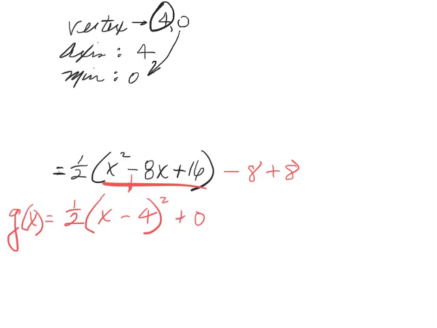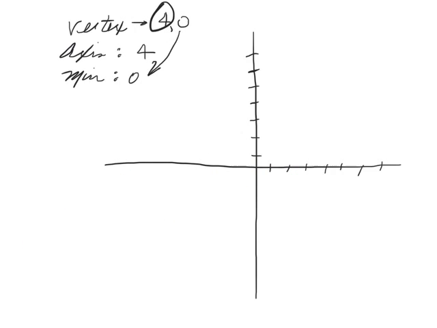So let's go ahead and do that. We said that the vertex is at 4, 0, so that's going to be there. We know it opens up, and we know this is our axis of symmetry. At this point, that's pretty much all we've got from that information.